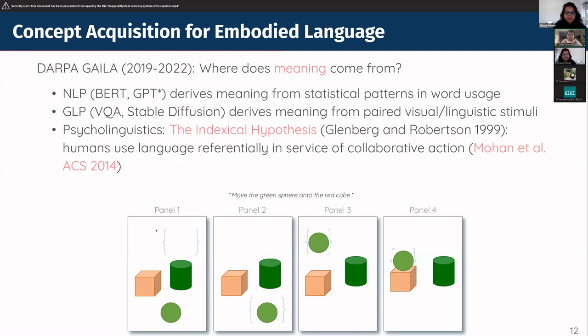So if we went with NLP techniques, we wouldn't know how to interpret onto in the context of this current state. The same goes for move, which communicates information about a sequence of actions that you have to connect together to achieve the state described in the sentence. Again, that's not really in your visual scene.